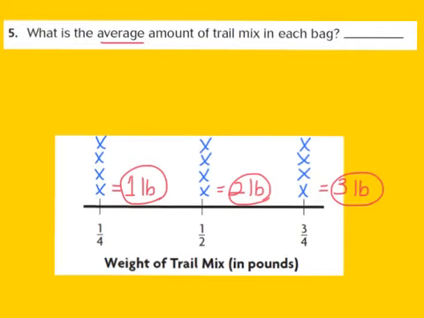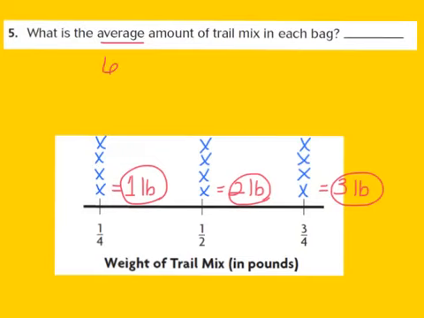Step number 1, you have to find the sum of the weights of the bags of trail mix. And what we know is from our last slide is this. That means we have to add the 1 plus the 2 plus the 3. And when I add the 1 pound plus the 2 pounds plus the 3 pounds, that gives me a total of 6 pounds. So we now have the weight of those pounds of trail mix.